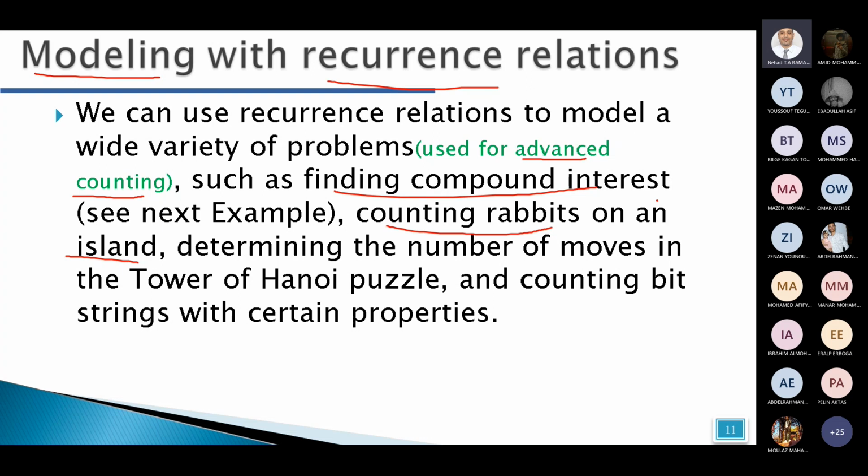So the idea: if we have 10 rabbits today, after 10 years how many rabbits will we have, knowing that, for example, these 10 rabbits will give a specific number of new rabbits every few months or every year? Then you make a recurrence relation and calculate.